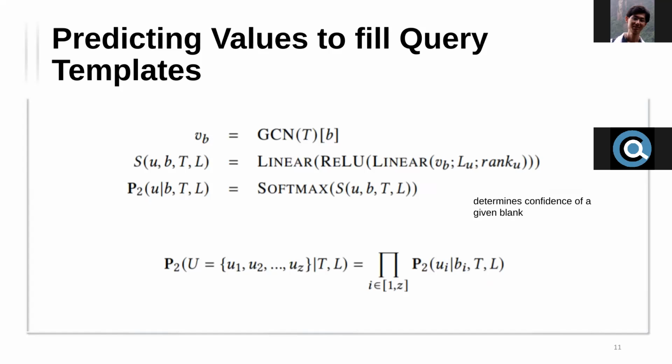Okay, so the second part is predicting the values to fill in. What happens here is that we take the blank index of that AST. Recall that in the AST, each node has its own vector, so we choose the vector representing the blank.